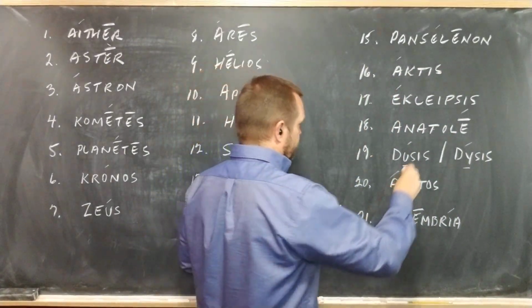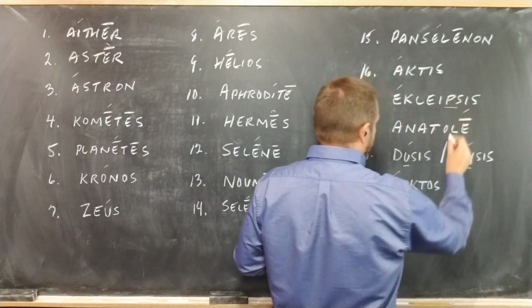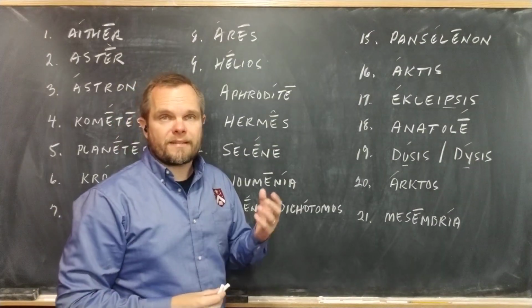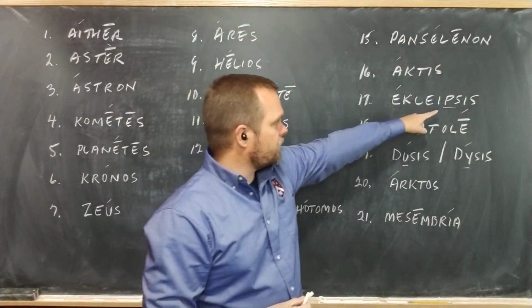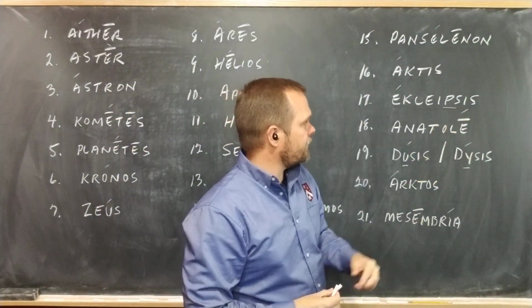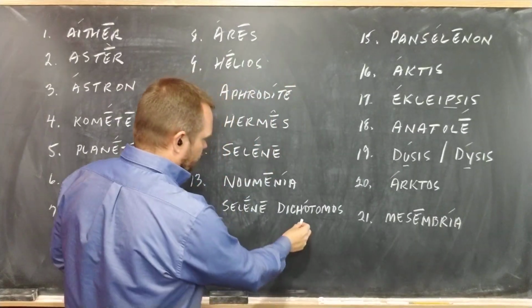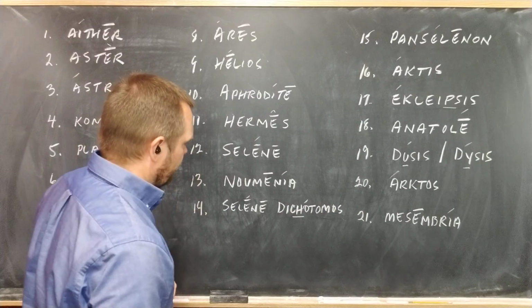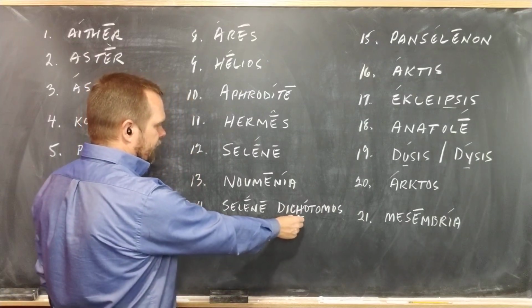Notice here we have in the Greek text the letter psi. You'll notice that it's transliterated as ps. Just like here, the Greek letter chi is transliterated ch.